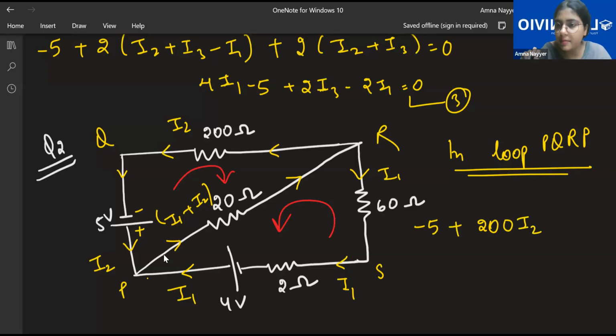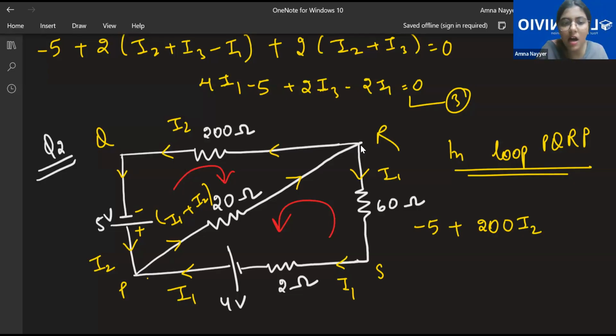Coming to the last branch, Marwa, can you tell me? We went from P to Q, Q to R, R to P. Positive or negative? You're not audible, please type.